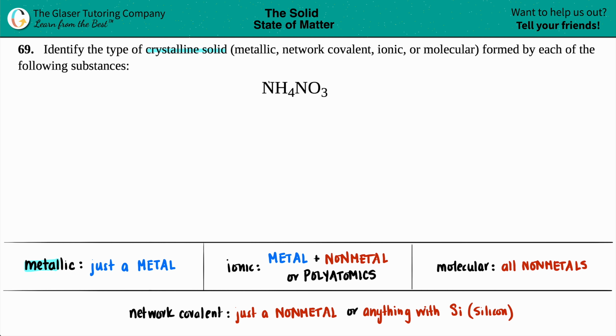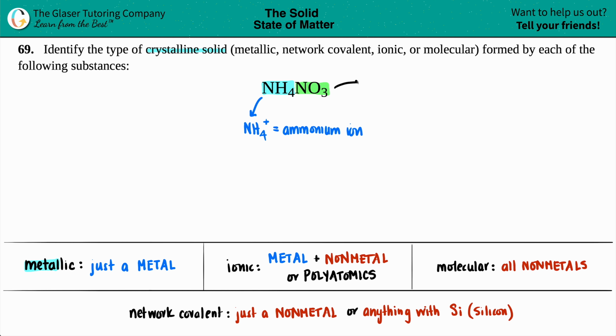However, I say to myself, wait a minute. NH4 looks very familiar. NH4 comes from NH4 positive, which is the ammonium ion. And then I say to myself, well, wait a minute, NO3 looks really familiar as well.